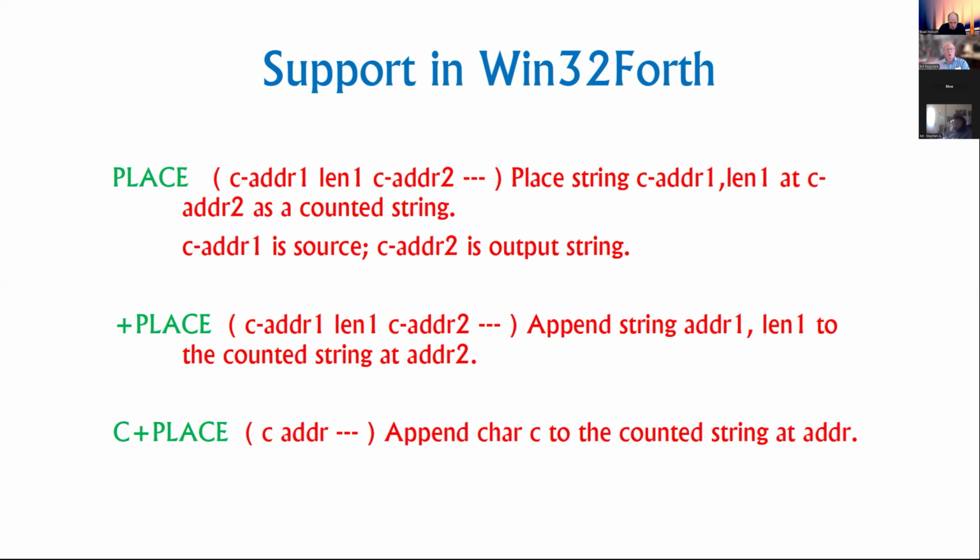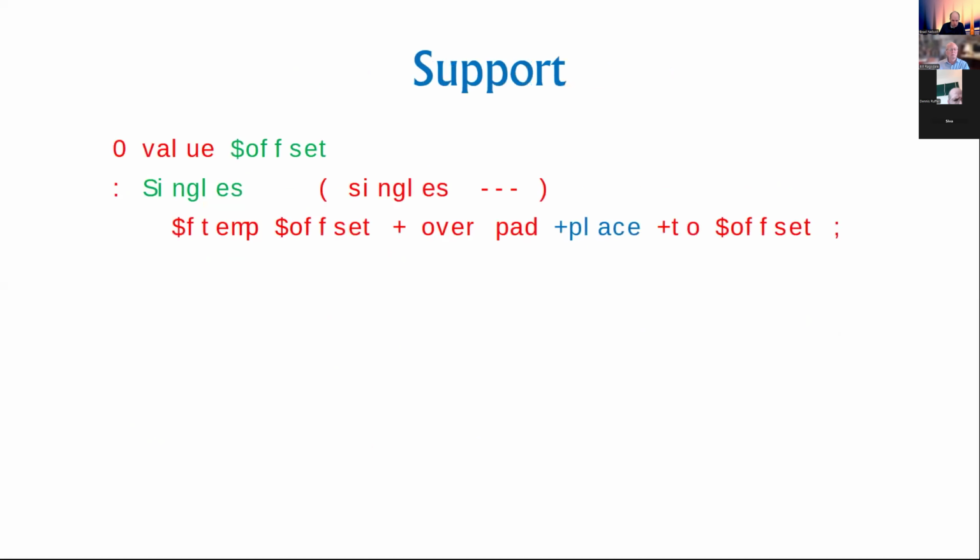And then along the way, you want to add characters, typically a decimal point, a dollar sign, a minus sign, other individual characters. So C plus place, you give it the address of your output string, and it will append that one character to it. So these do the bulk of the work.